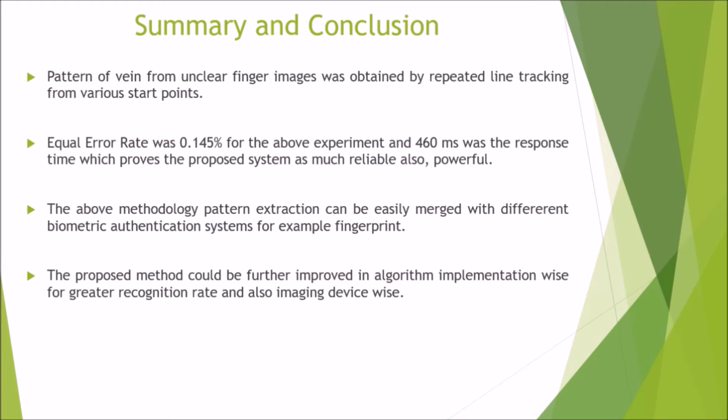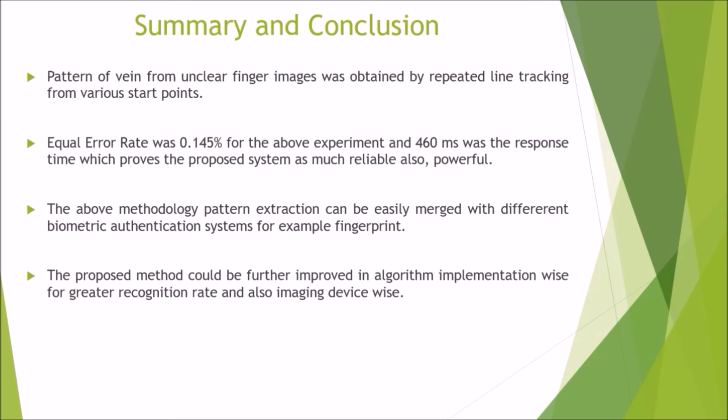Finally, coming to the summary and conclusion, a system for pattern identification on the basis of vein patterns of a person's finger was designed. For proper vein pattern extraction from unclear images, line tracking was done repeatedly with different starting points.